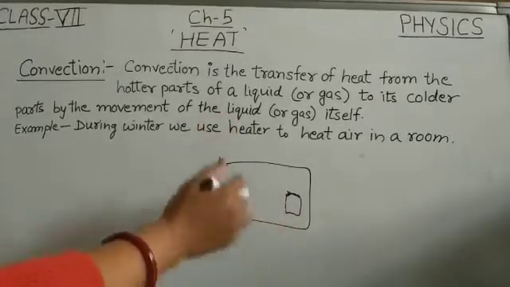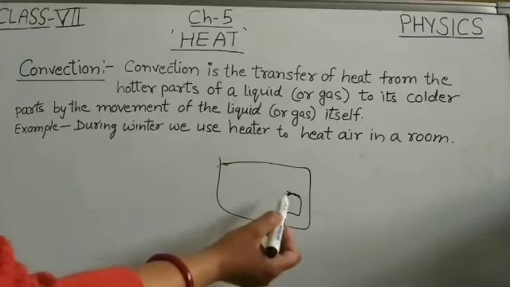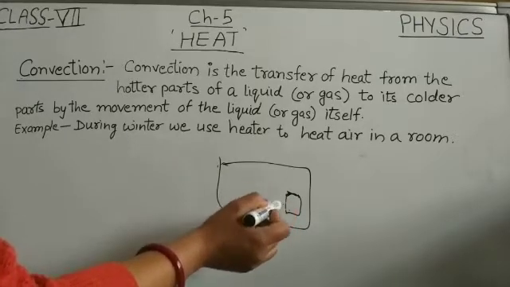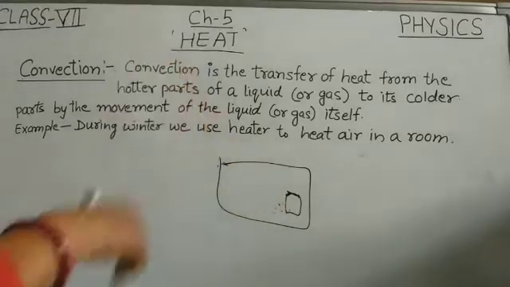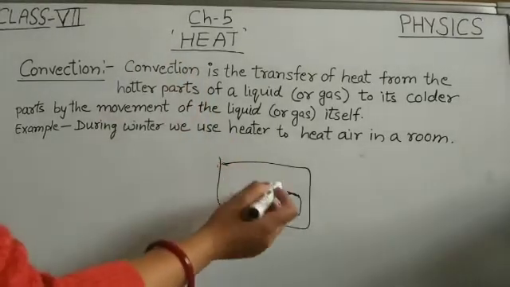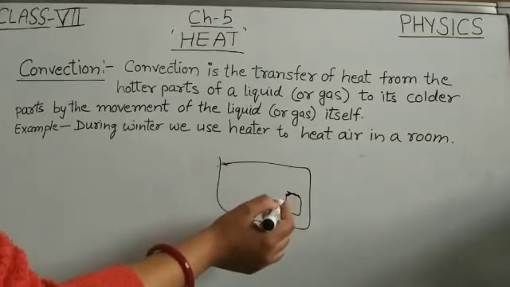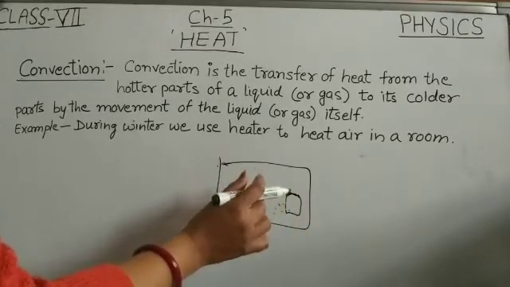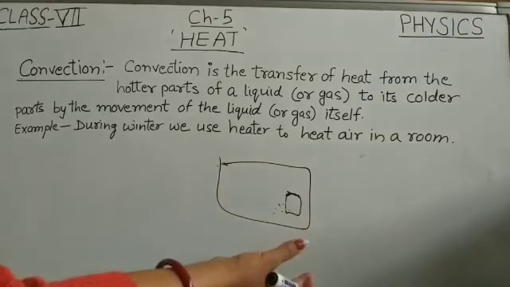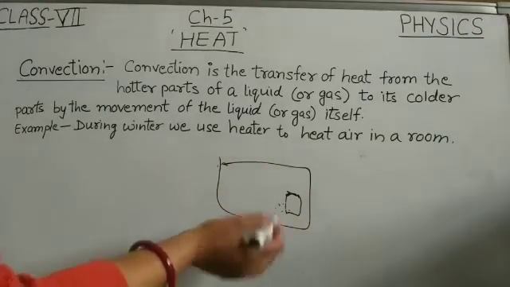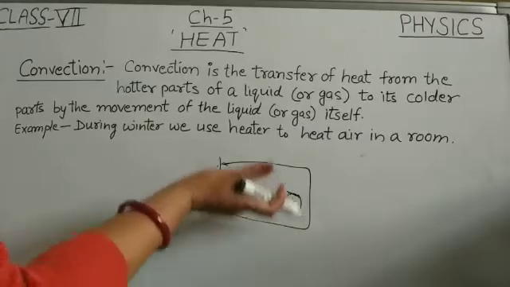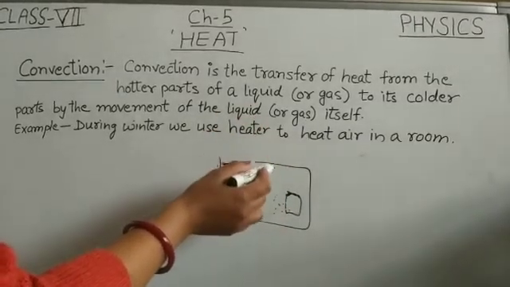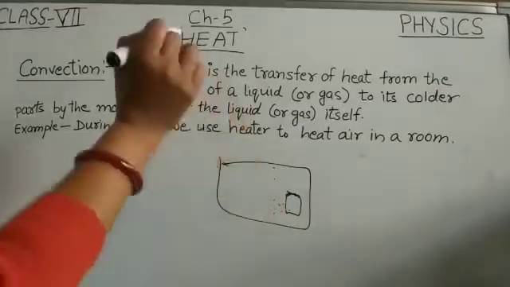How is it possible? Actually, when air is heated by the heater in one part of the room, it transfers heat by convection. When the air near the heater gets heated, it expands and becomes lighter. Hot air is light, so this hot air rises up above the top of the heater and carries its heat along with it.